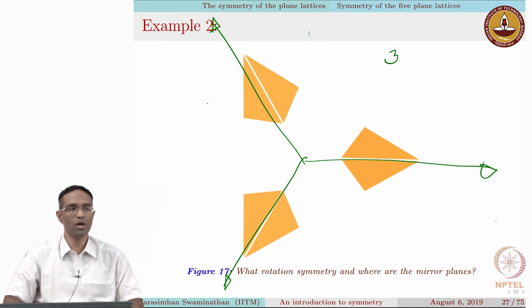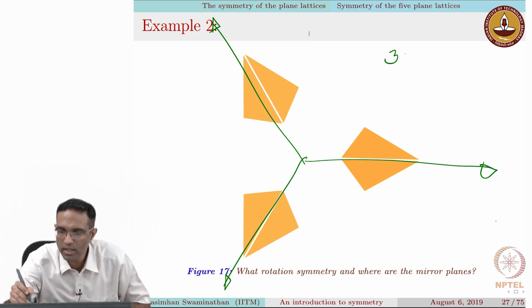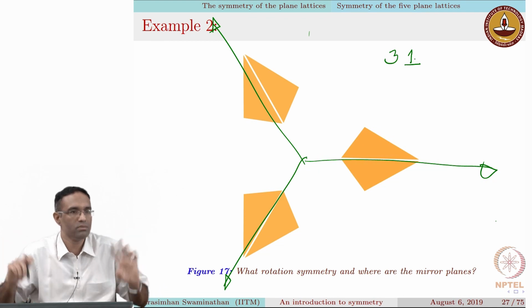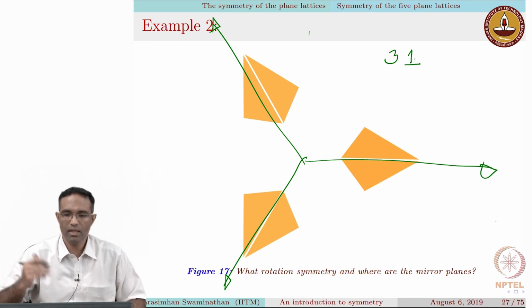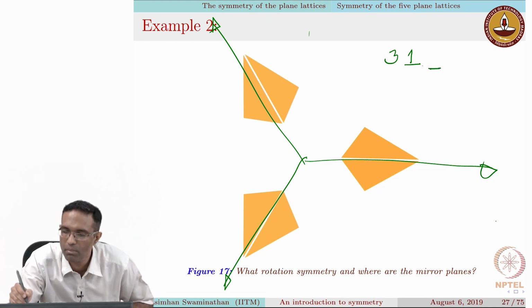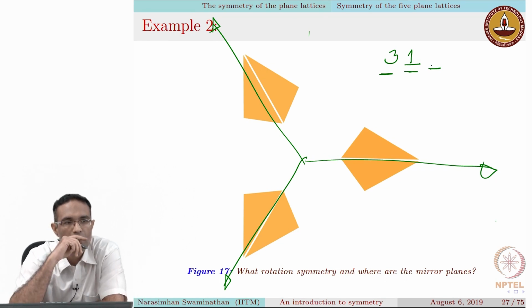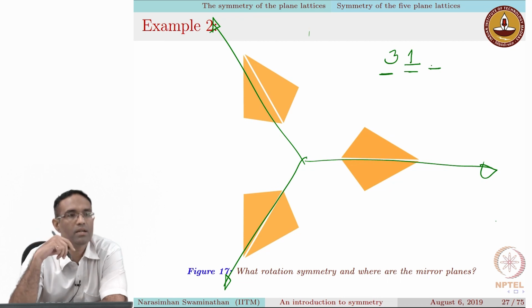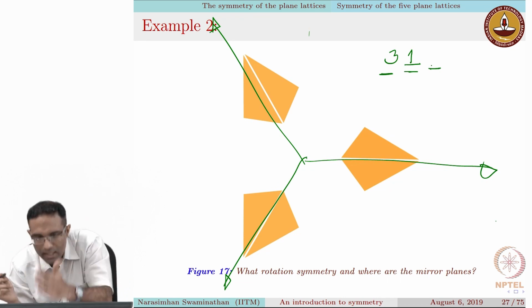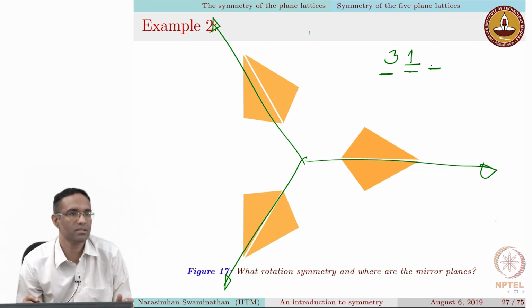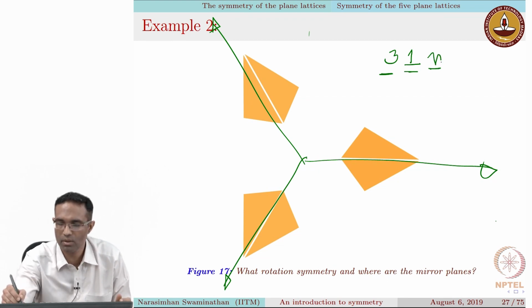No, it is not there, right? So, in that slot I put a 1, which means the only symmetry that may be present there is just 1. There is nothing there. The next slot in the Hermann Mauguin symbol refers to bisectors. So, the A, B and C themselves, is it there? Yes, right. So, there is a 3, 1 m.